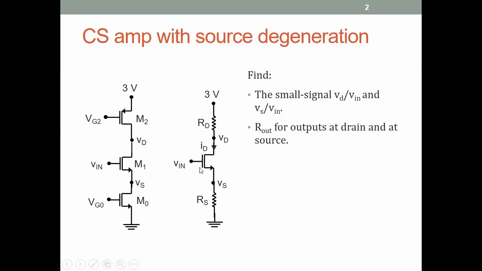So this circuit is actually two circuits depending on whether we take the output at the drain or at the source. So we'll look at both of them. The first thing of course we do is you pause and then you try and solve this yourself. Alright, there are a bunch of equations. So you write the equations, you solve them, find VD over Vin, VS over Vin, and both the R outs, and then continue.